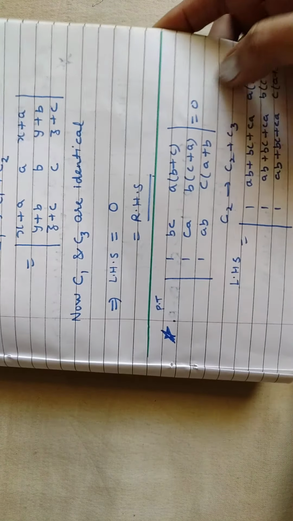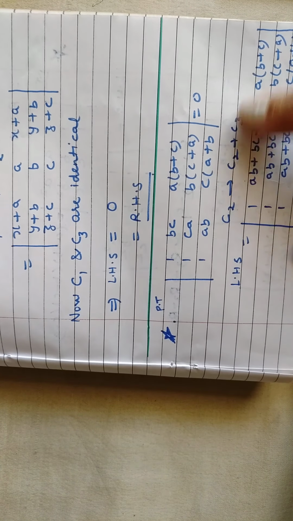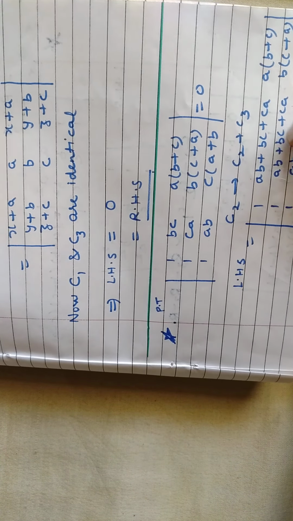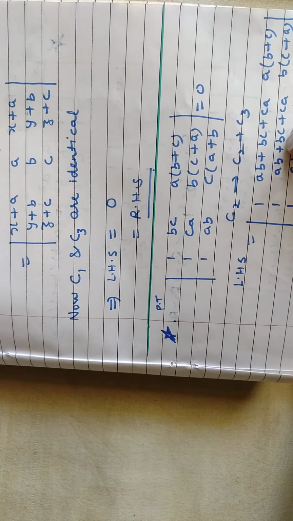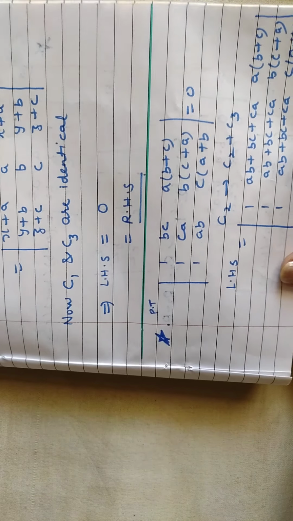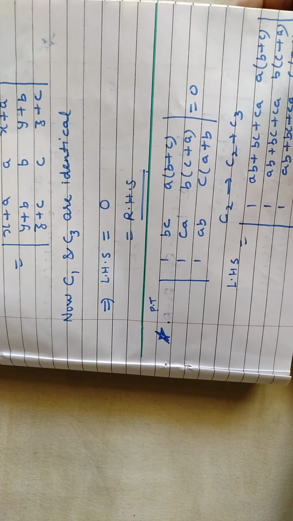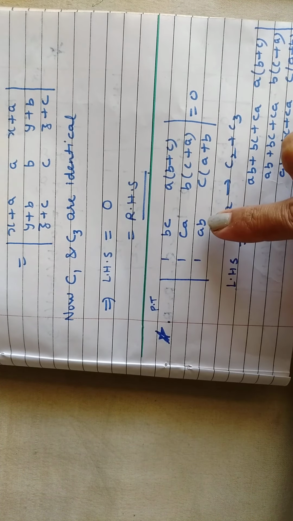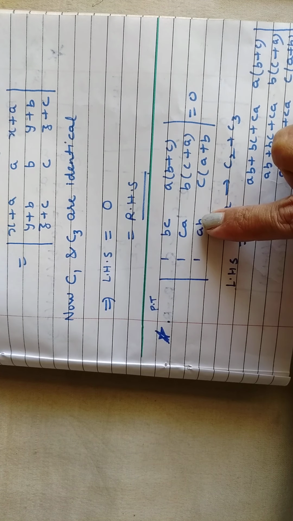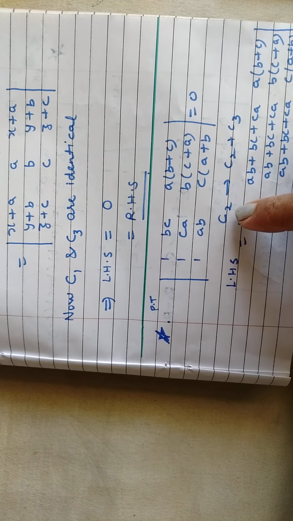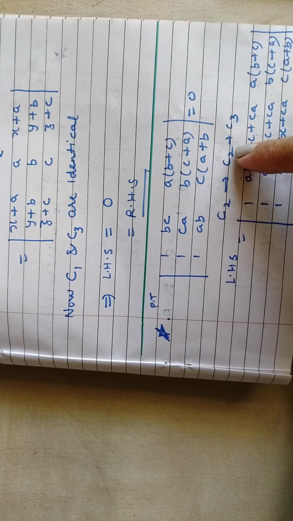Now second question is again same, you have to prove this determinant is 0. Again you have to make two rows or two columns identical, because you have to prove right side 0. So you can add C3 in C2. So you will apply C2 operates C2 plus C3.